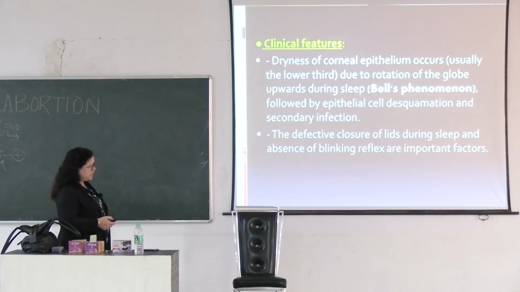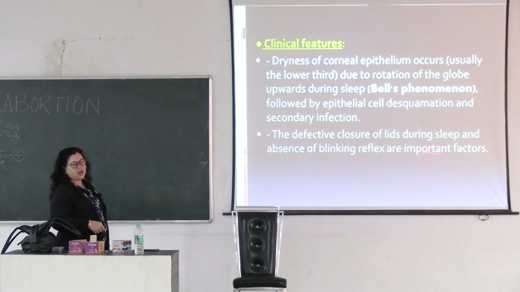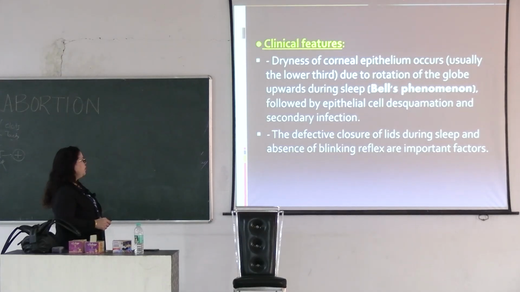So the clinical features: first dryness occurs, and the corneal epithelium is affected. First, the lower one-third of the cornea is affected due to exposure, and only the lower part is affected, and this phenomenon is called Bell's phenomenon.